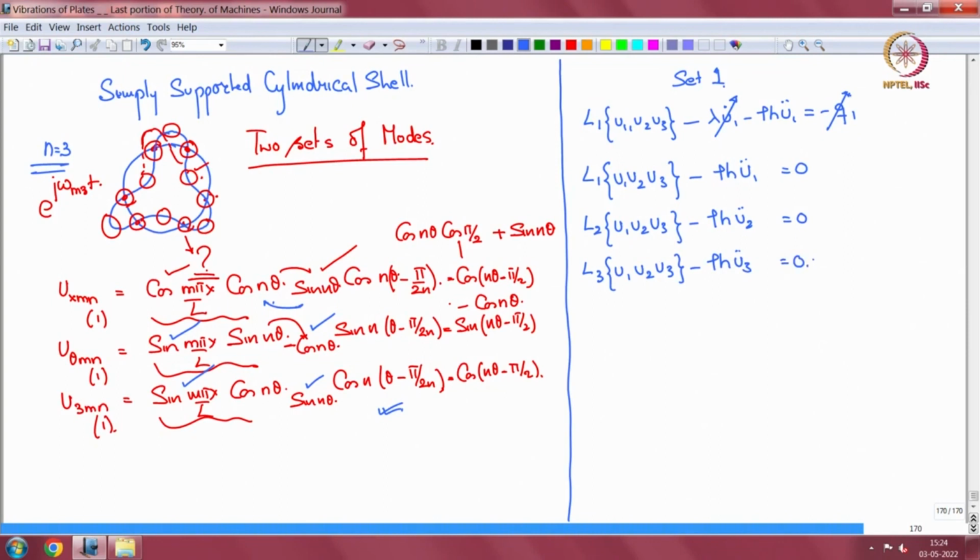The three equations are coupled because of curvature. Now as I said, suppose we consider set 1, then how will it look like?